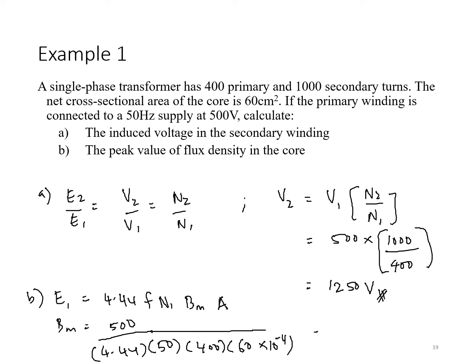So we get the peak value of the flux density in the core equal to 0.938 Weber per meter square.